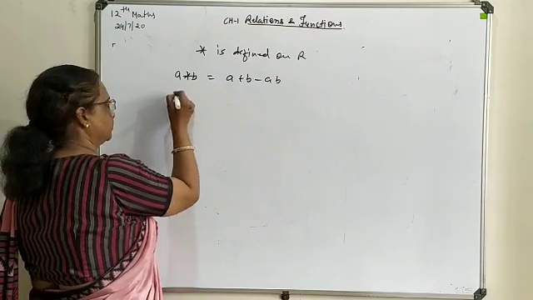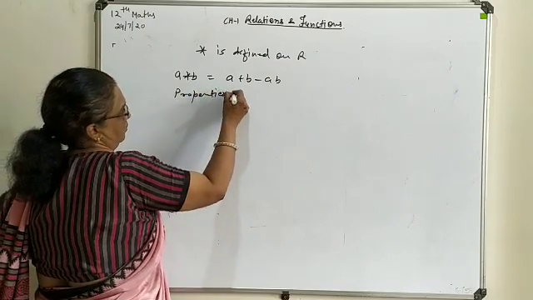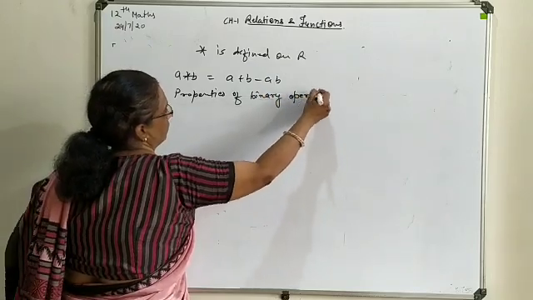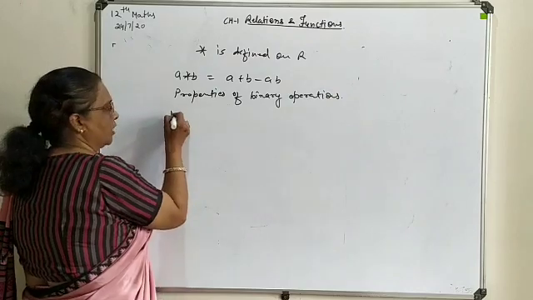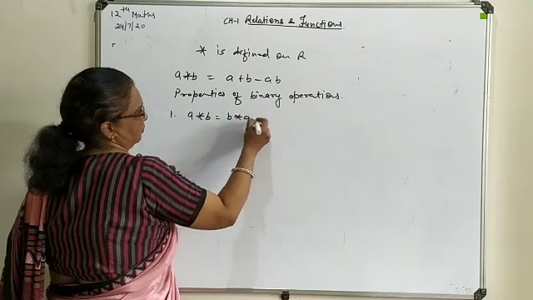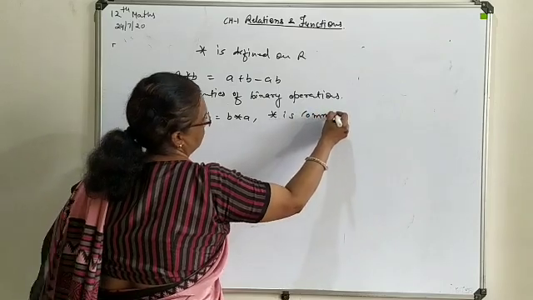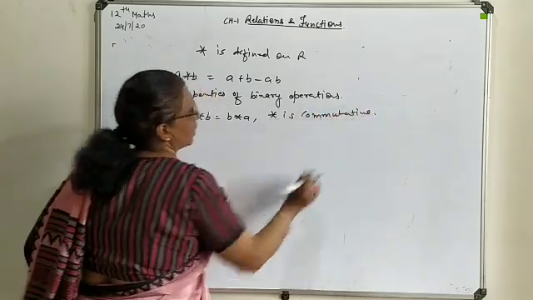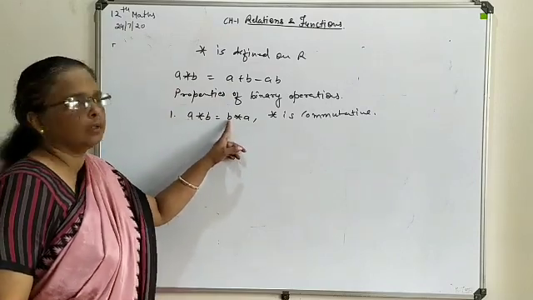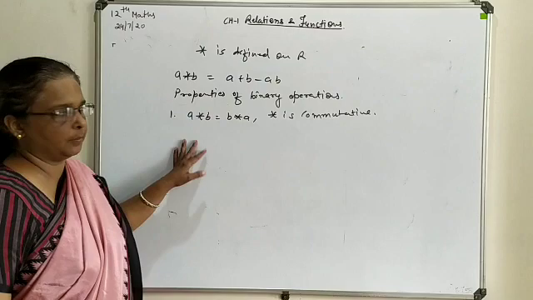The first property is commutative, meaning A operate on B will be the same as B operate on A. So in that case your binary operation will be considered commutative.